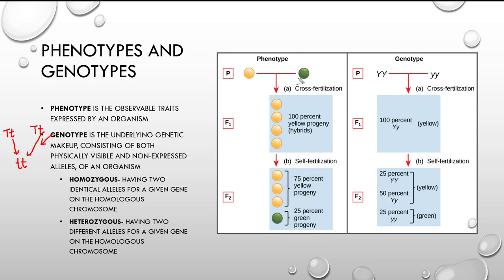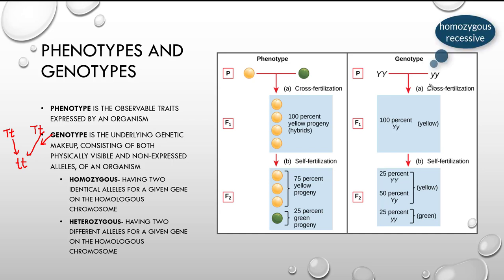But if we look at the genetic makeup, we can see that the yellow is homozygous dominant. It has two dominant alleles, and remember, we denote dominant with an uppercase letter. In this case, we chose the letter Y for yellow, so uppercase Y, uppercase Y. The other color is the recessive, so green is recessive, and we denote that with lowercase y.